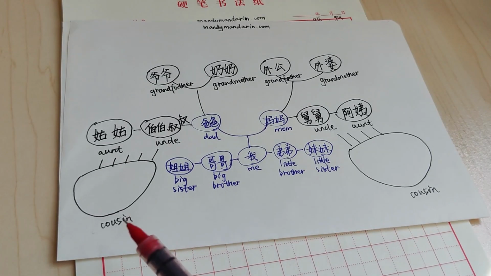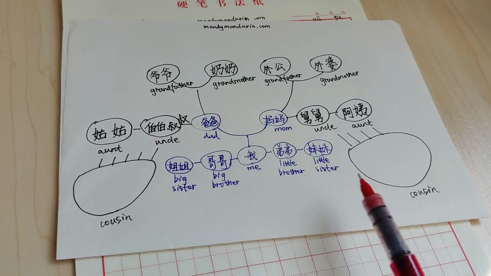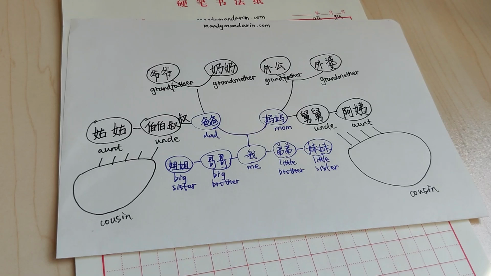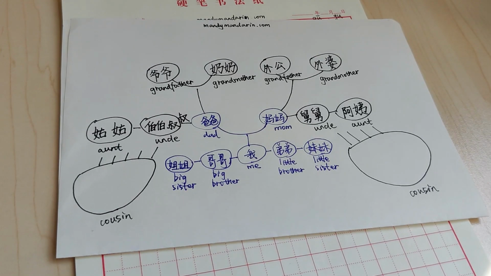In English, there's just one word, cousin. But in Chinese, things are getting more complicated, and there are 8 words for cousin. Yeah, 8 of them. Alright, so don't freak out. Those 8 words, actually, they're not that difficult to learn.